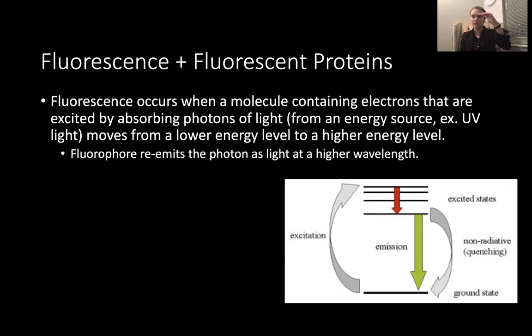As it moves from the excited state back to the ground state, dropping in energy level, this is released as a form of light that we are able to see. The fluorophore is the part of the molecule that is able to re-emit this energy as light.